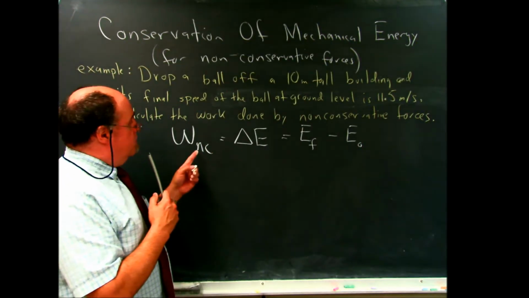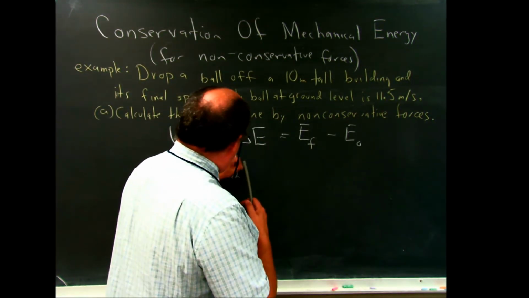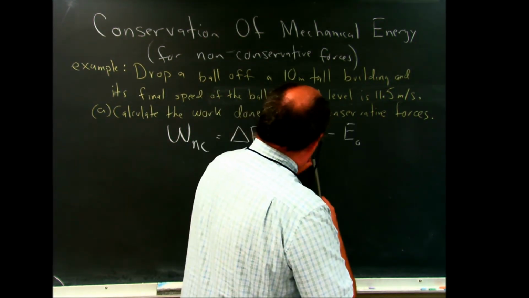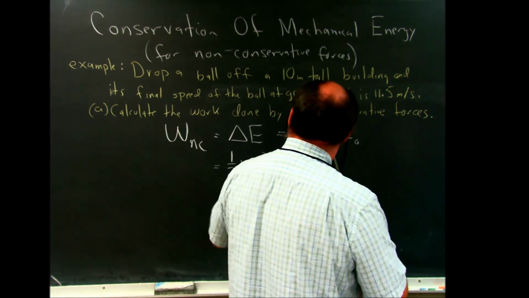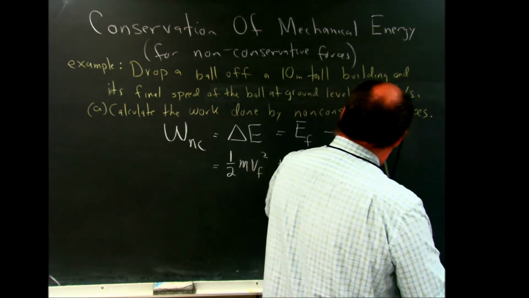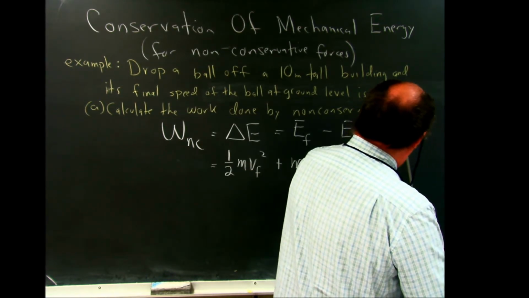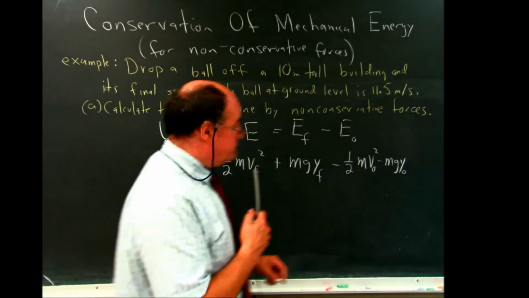If I expand this, it equals 1/2 m v final squared plus m g y final, minus 1/2 m v initial squared plus m g y initial. Okay.